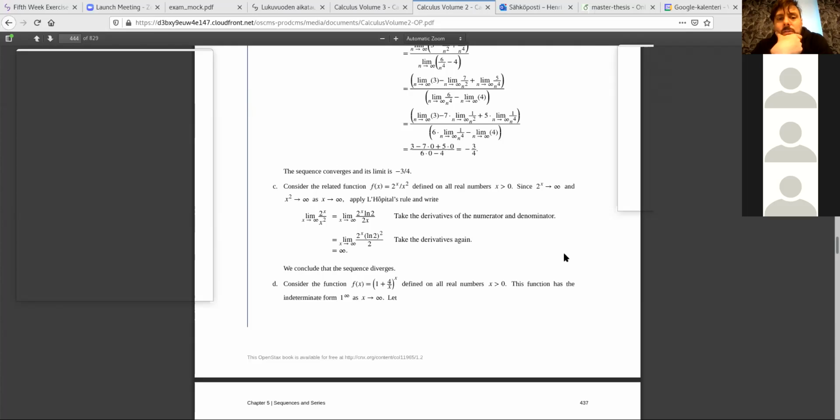You find the derivatives of both, and you notice that it converges. You can take the derivatives as long as it's infinity over infinity or 0 over 0, until you get something concrete: a number over infinity, in which case it's 0, or infinity over a number, in which case it's infinity.